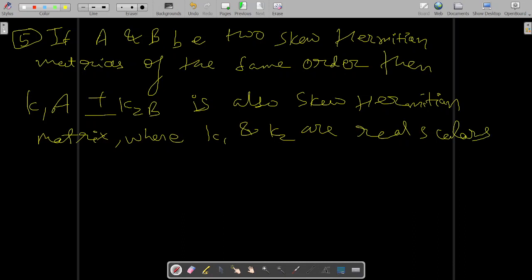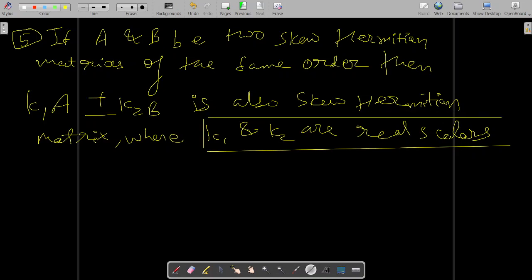This is important. If they are complex scalars, then this will not hold good. It holds good because k1 and k2 are real scalars.